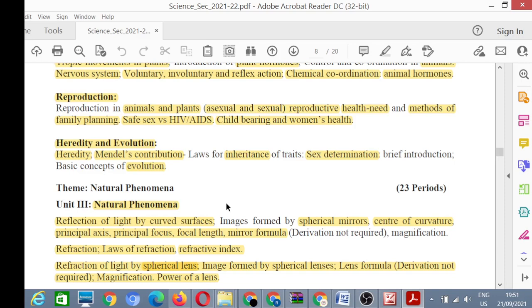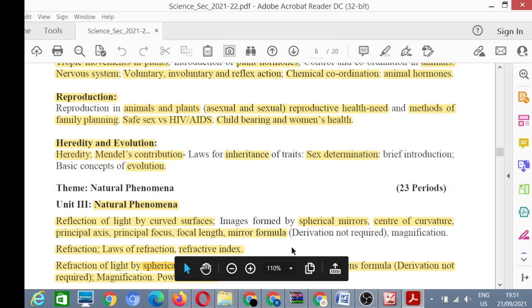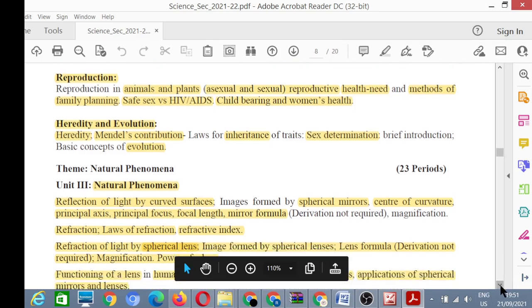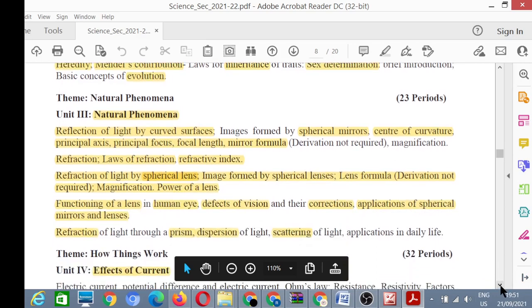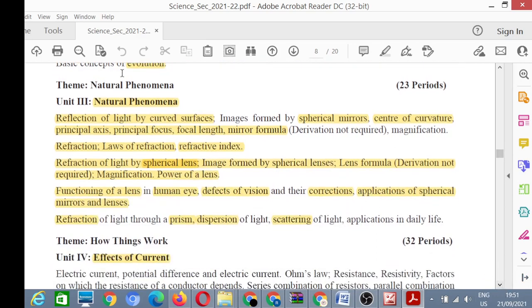The next theme is natural phenomena. Unit number three, natural phenomena. Here we will study a chapter of physics: reflection and refraction.